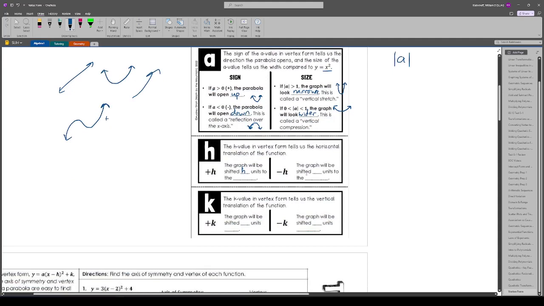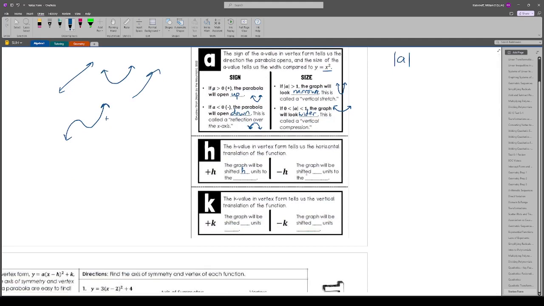So if h is positive, the graph will be shifted h units to the left. And here I mean positive in the equation, so in the function. The reason I struggle with that is I find it easier to think of it this way. If we have x plus something, so let's put this, x plus h, it's going to go h units left.